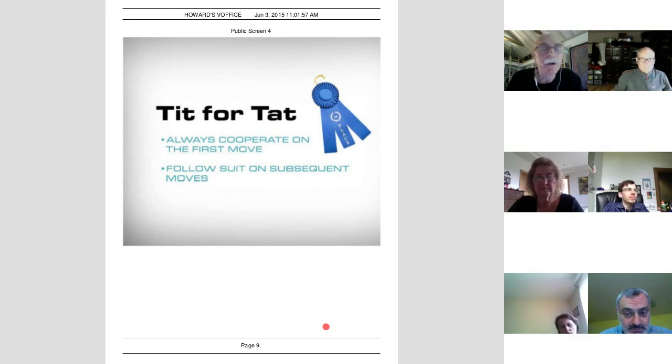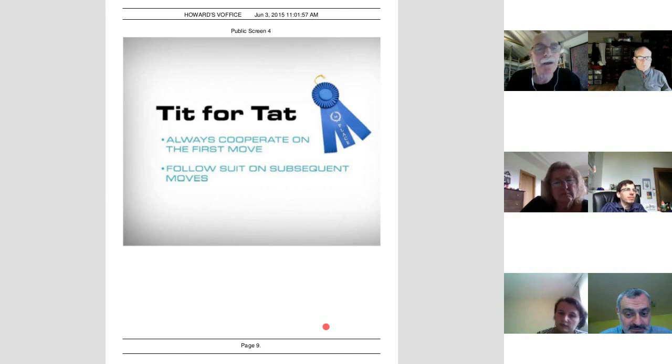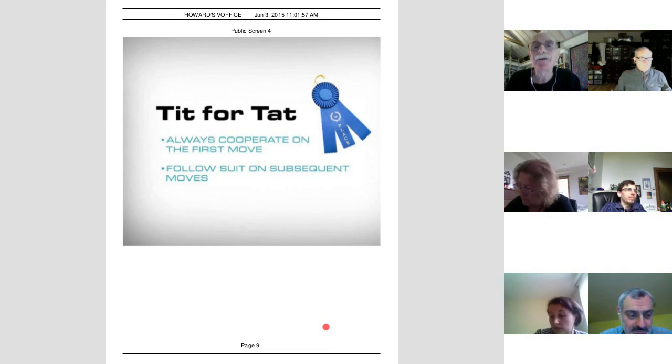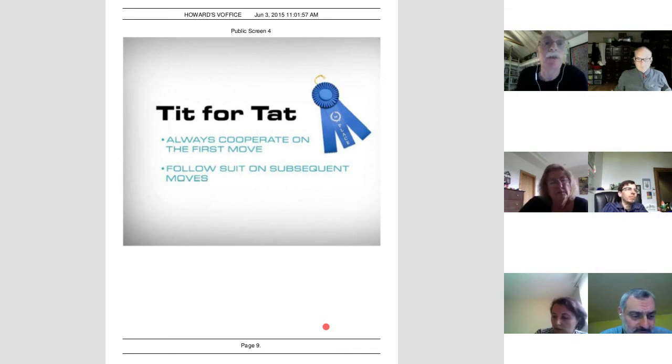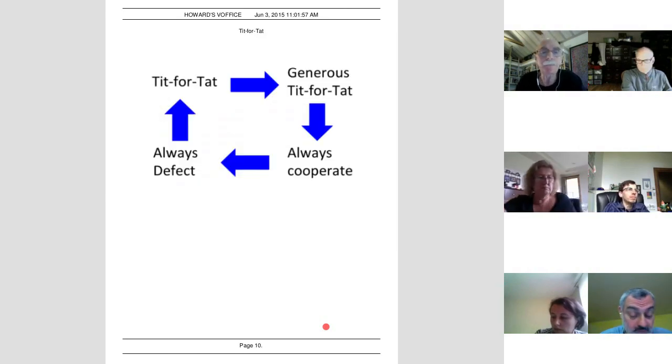There's another one called generous tit for tat that says every once in a while randomly cooperate when the other party defected, because communication, even in a simple communication, is never perfect, and noise enters the system, and you want to give cooperation a chance to get started. And generous tit for tat can come to dominate in a system.